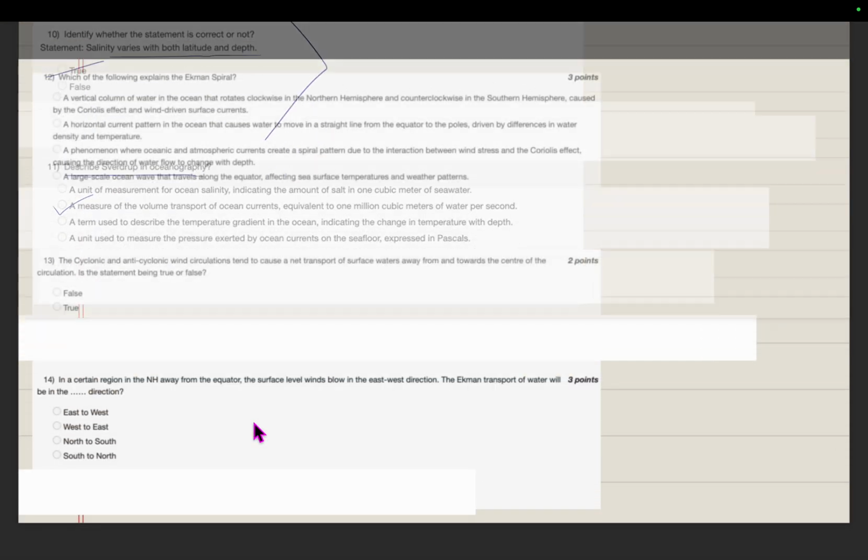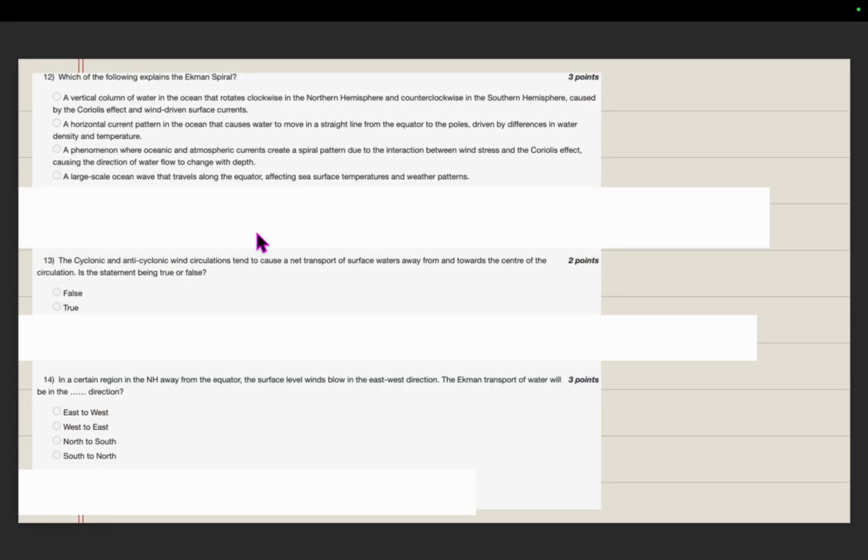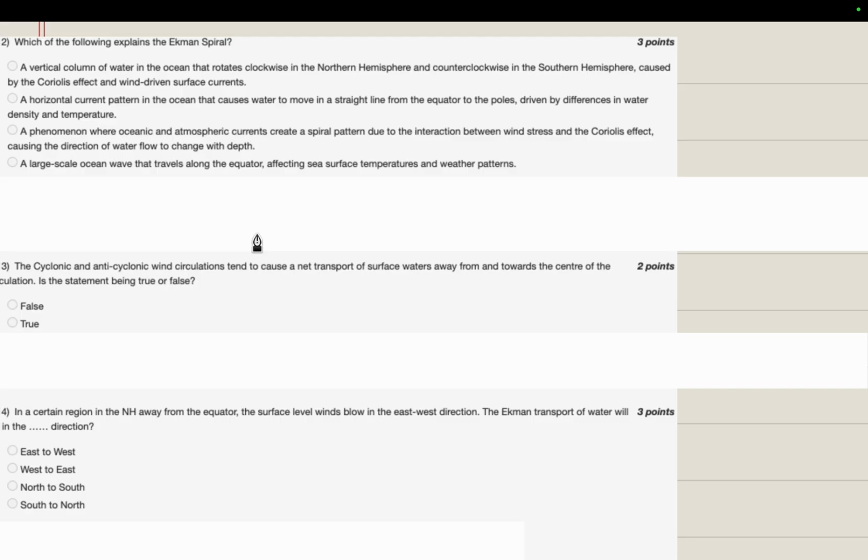Okay, madam. Yes. Now, question 12. Which of the following explains the Ekman spiral? Option A: a vertical column of water in the ocean that rotates clockwise in the northern hemisphere and counterclockwise in the southern hemisphere, caused by the Coriolis effect and the wind driven surface current. Option B: a horizontal current pattern in the ocean that causes water to move in a straight line from the equator to the poles, driven by differences in water density and temperature.